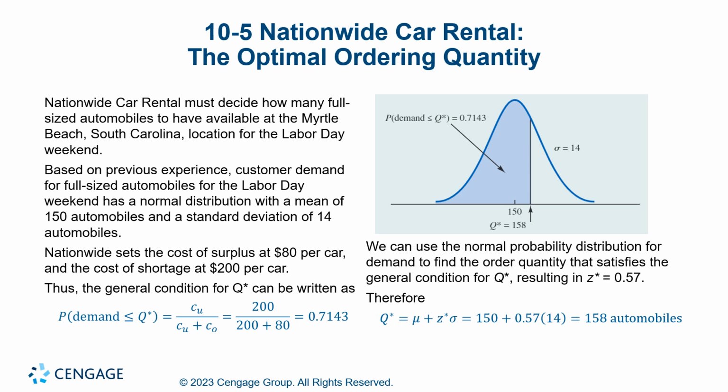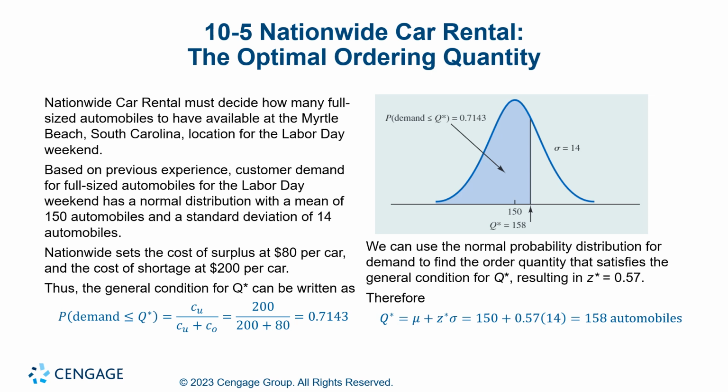The shortage results in an underestimation cost of $200 per car. This figure reflects the cost due to the lost profit and the lost goodwill of not having a car available for a customer.